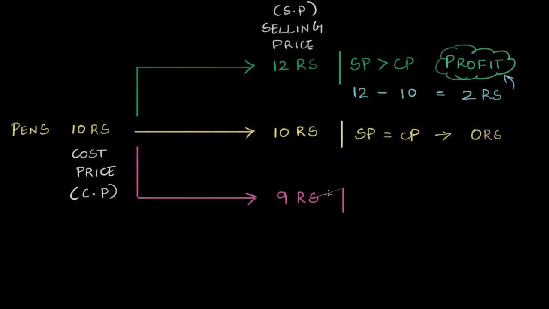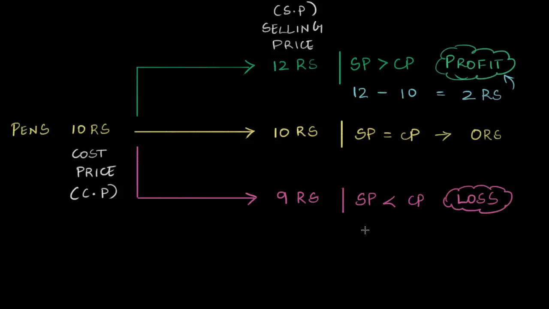And now what you've done is sold this pen such that the selling price is actually less than the cost price. Now you might have done this for many reasons, but when you do this, what you've done is called make a loss, because your selling price was lower than your cost price. You bought it for 10 but sold it for just 9. And in this case, how much is that loss?